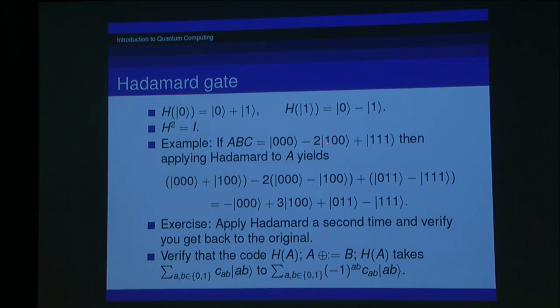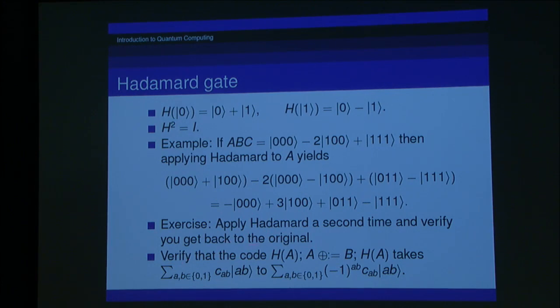In here, the minus 2, 1, 0, 0, minus 2, the 1 goes to 0 minus 1. The other bits are untouched. And for the third one, the 1 goes to a 0 minus 1, and the other bits are untouched. And you can then simplify, and you get some new state. Okay, so that's how Hadamard works.